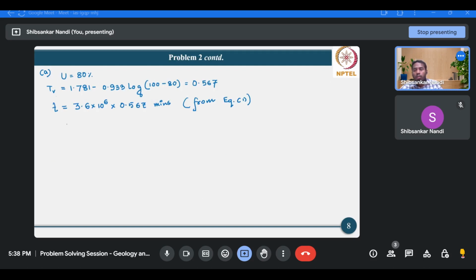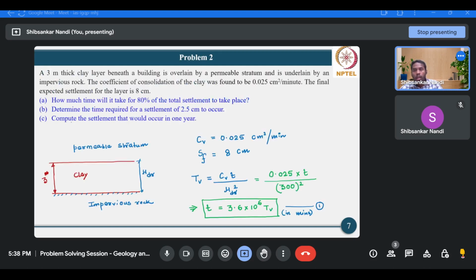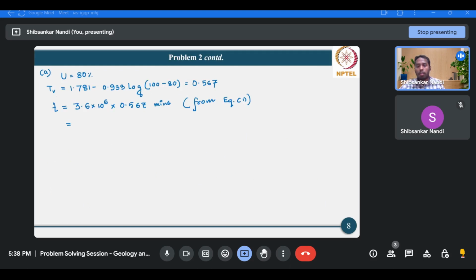Okay, so we'll convert this minutes to years. So therefore, first, it will be 204,1200. That should be divided by 16, then 24, then 365.